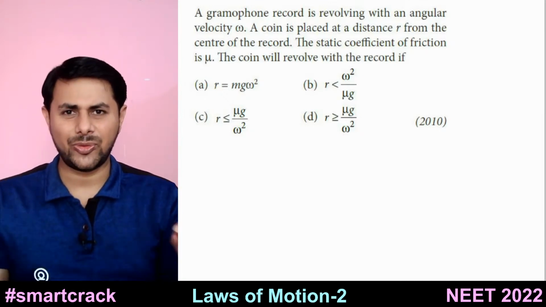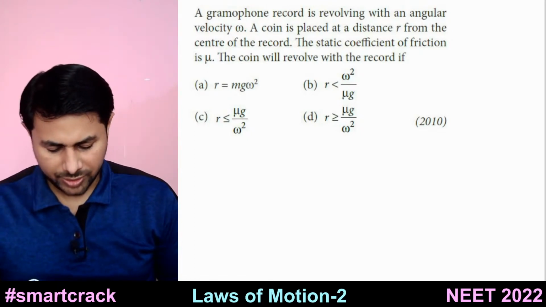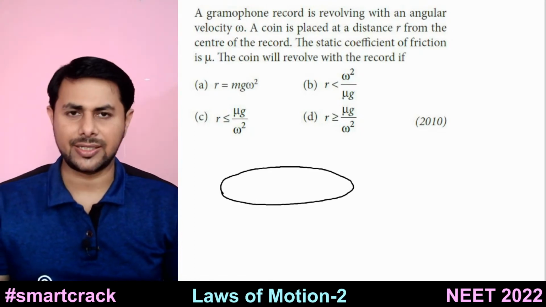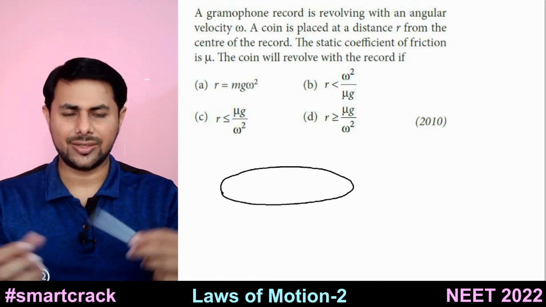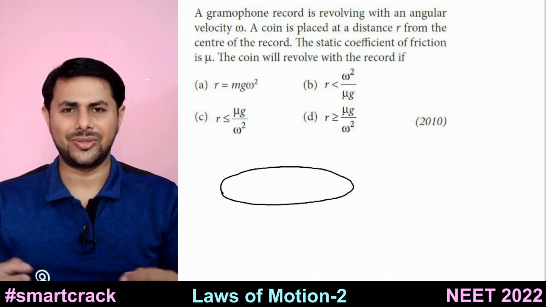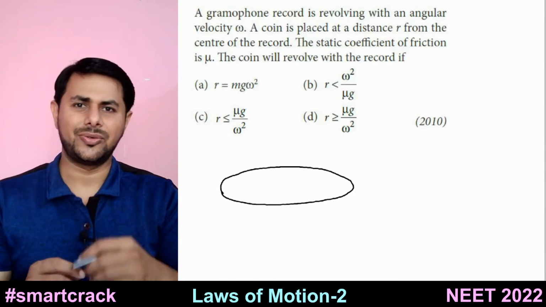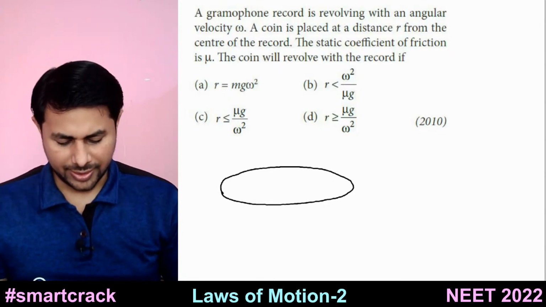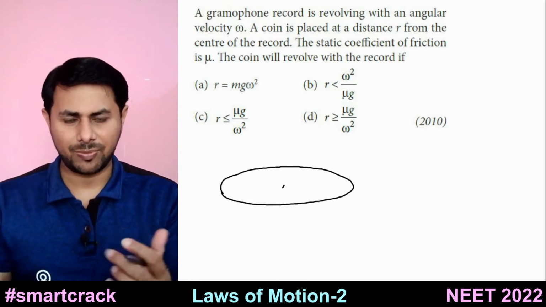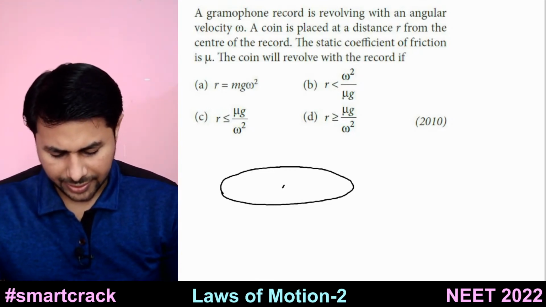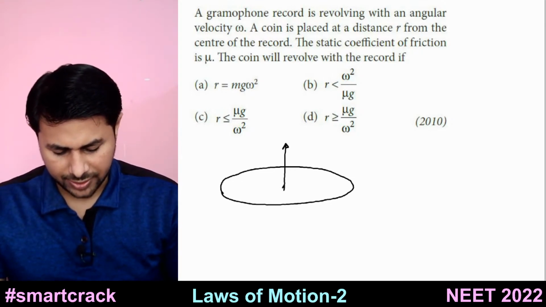Earlier the audios were recorded on a disc like this, and there was a contact which used to play those audios, taking the signal from this disc to the speaker. So for our purpose it's a disc, and it's moving with angular velocity omega.